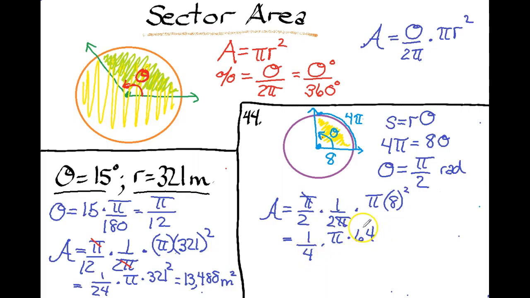We know that 4 goes into 64 16 times. So our final sector area is 16 pi units squared, and they didn't give us units here, so it's just units squared. And that is the end of our video for sector area.